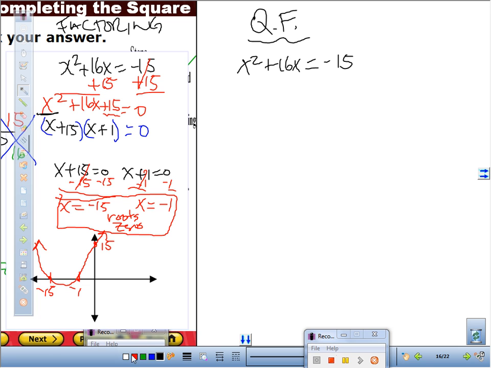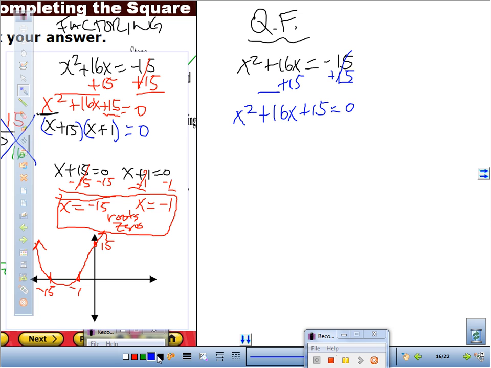First step, it needs to be in standard form. Is it in standard form? No, we have the 15 over here, so we need to add 15 to each side. We're left with x squared plus 16x plus 15 equal to 0.